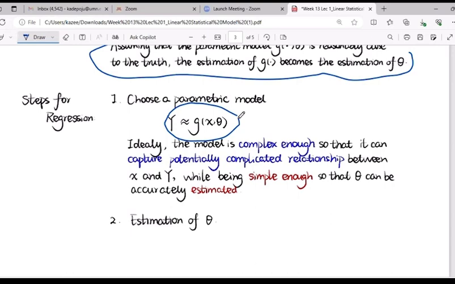And that is why I said that, ideally, the model is complex enough that it can capture a potentially complicated relationship between X and Y, yet simple enough that theta can be accurately estimated. Let me tell you this. How do we find ourselves in the middle? We have to make sure the model is complicated enough, but it must not be heavily complicated, because when your model is too complicated, it may be difficult for you to estimate the parameters.